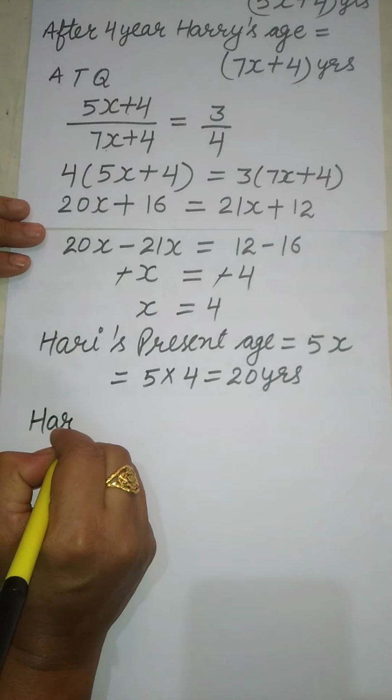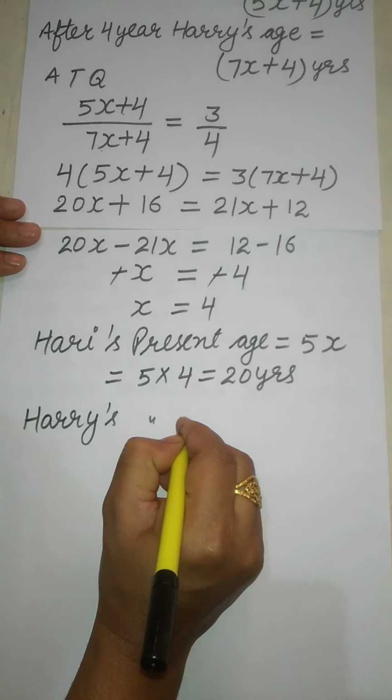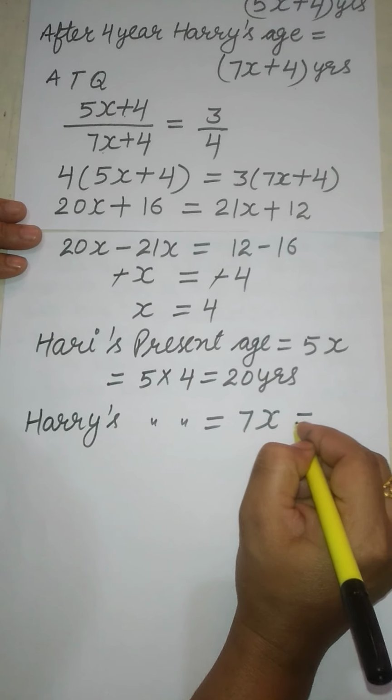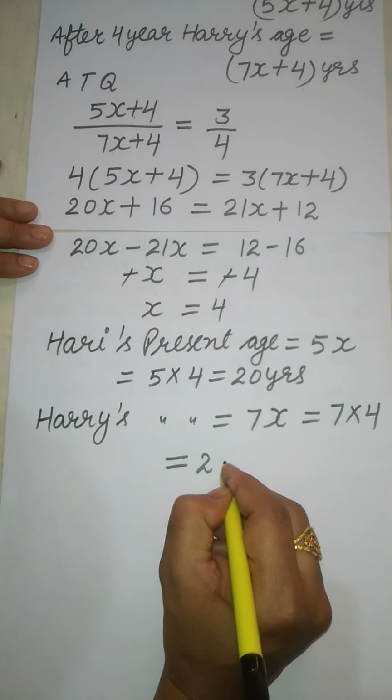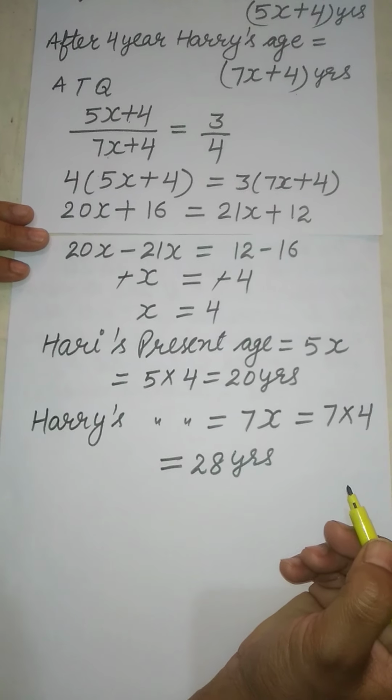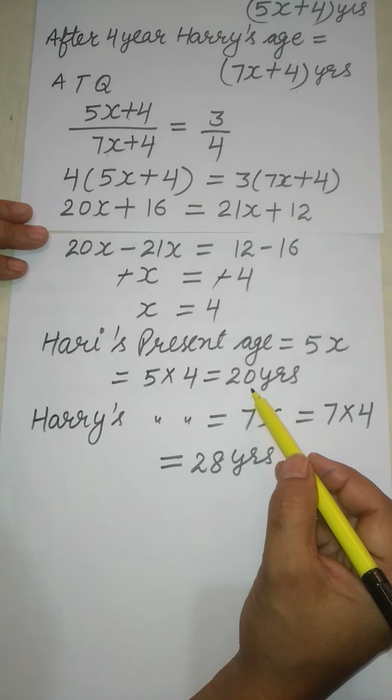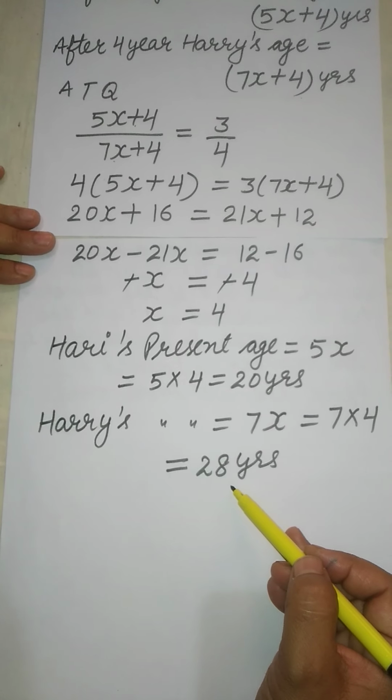Harry's present age is equal to 7x. 7 multiplied by 4, that is 28 years. So the present age of Hari is 20 years and Harry is 28 years.